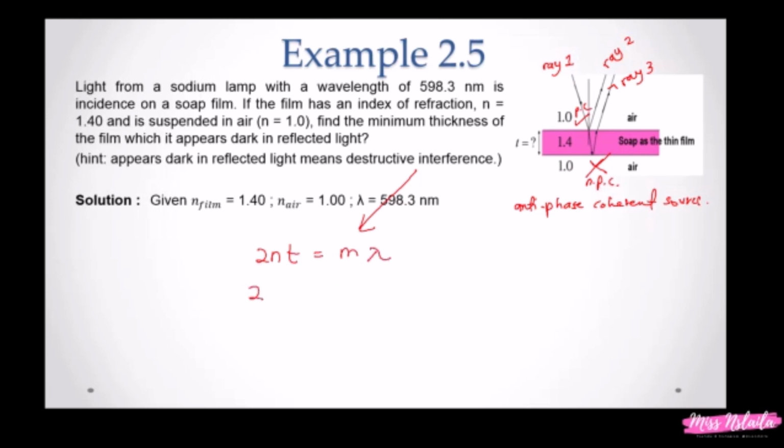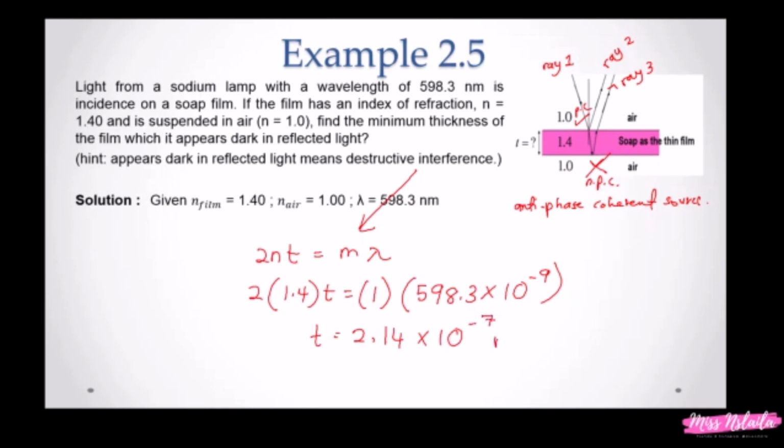So 2 is 2, n is the refractive index of the soap which is 1.4, t, and m is equal to 1 times the wavelength, 598.3 nanometer. The minimum thickness of the soap thin film is 2.14 times 10 to the power of -7 meter.